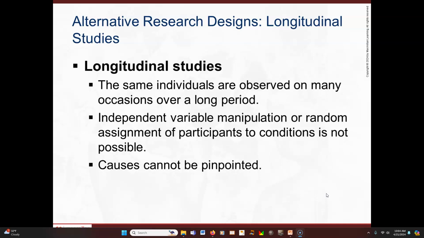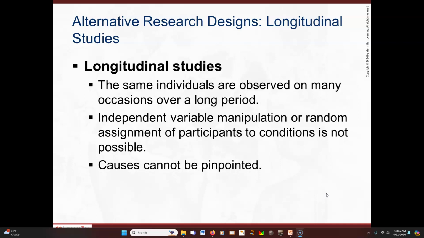Longitudinal studies are when the same individuals are observed on many occasions over a long period of time. In a longitudinal study, researchers don't directly manipulate the independent variable or randomly assign participants to conditions, so they cannot really pinpoint causes.